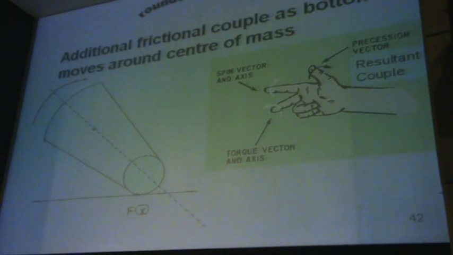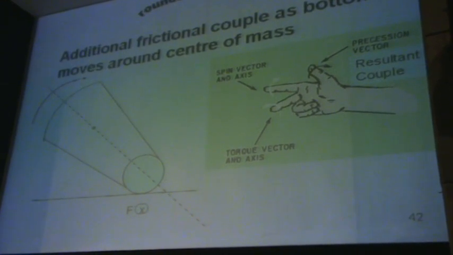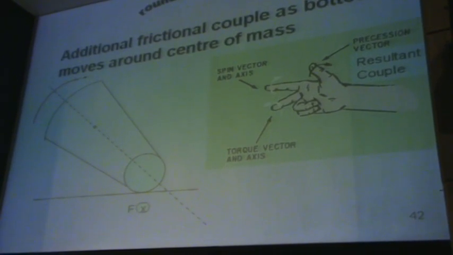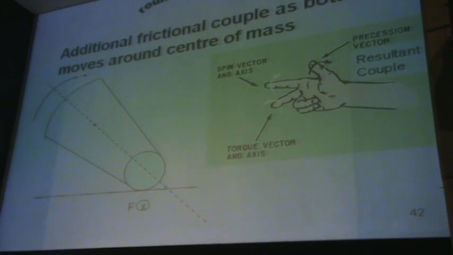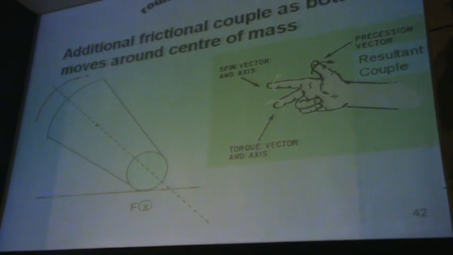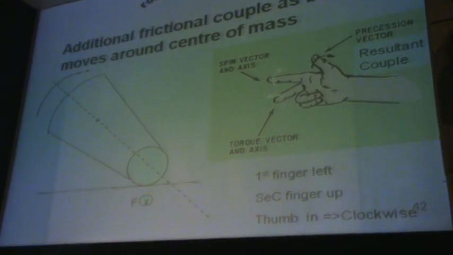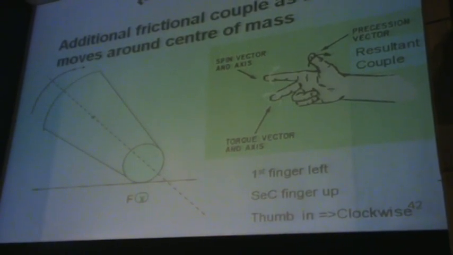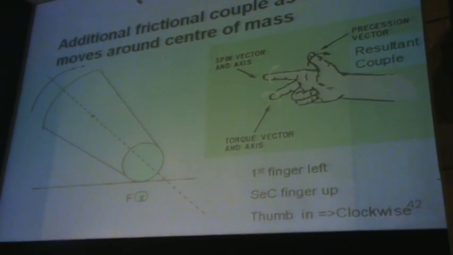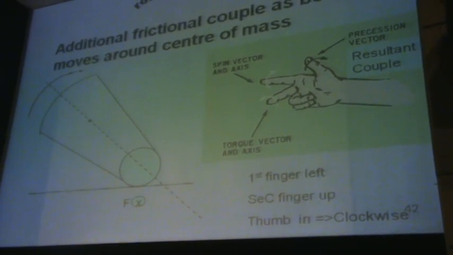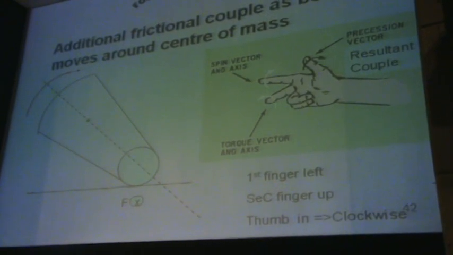So about the center of mass, which is on the left, it's anti-clockwise, so it's down. So we get a couple. First finger to the left, second finger up. The couple is going anti-clockwise, so it's up, and so the thumb goes in, so you get a clockwise resultant couple.